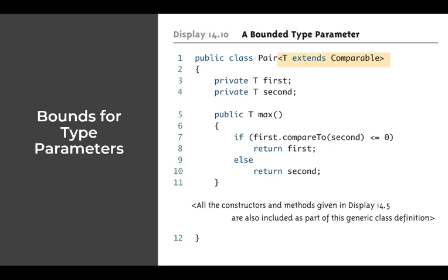So here in line 7, I can use the method compareTo on first, which is of type T, even though I don't know what the type T will be at that stage. What I know about the type T is it does extend Comparable, and therefore it must implement the compareTo method. So that allows me to start to write methods on the type, even though I don't know the type, because I know there is some constraint on this type T. That is very useful.